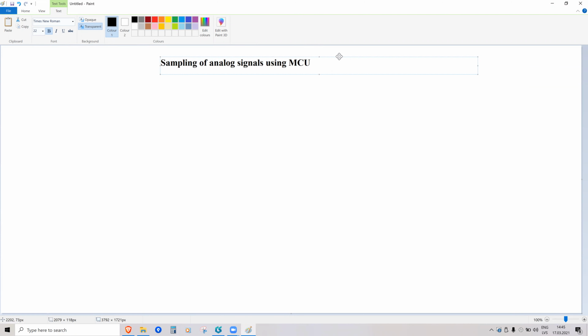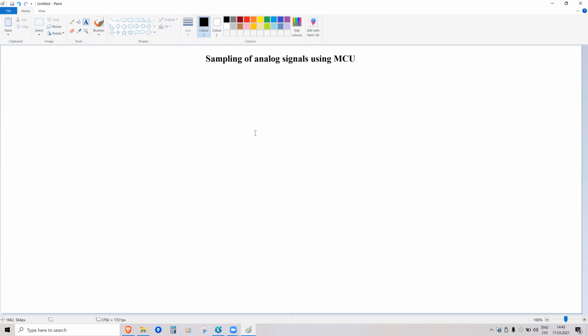Okay, so we will do it through an example, or maybe two examples in parallel, and we will just check out what it means. So you usually have a microcontroller, and you want to sample some analog signal, and maybe you want to just sample it and send it to server.